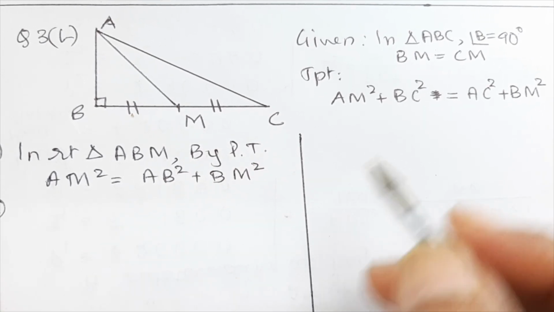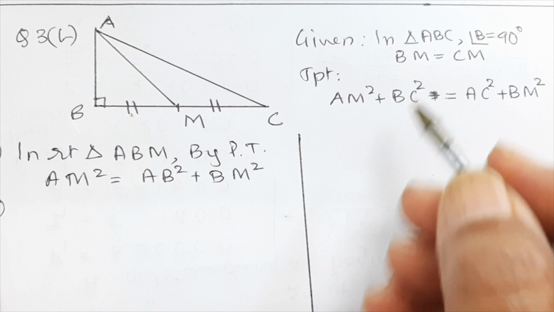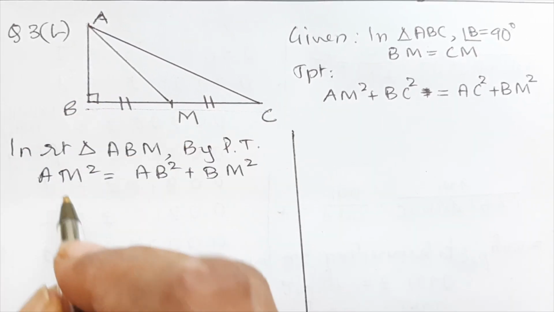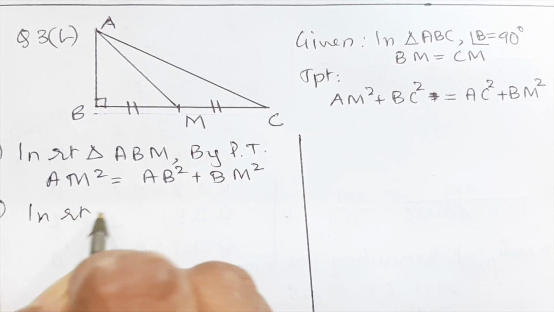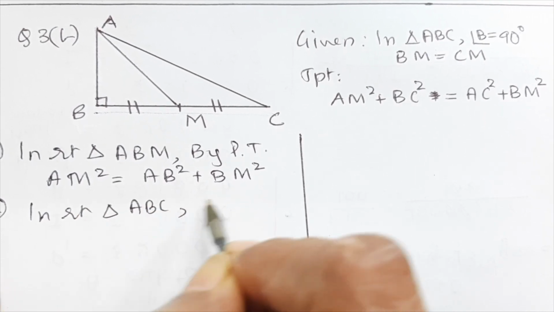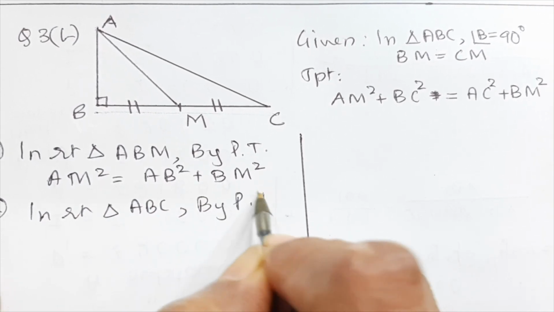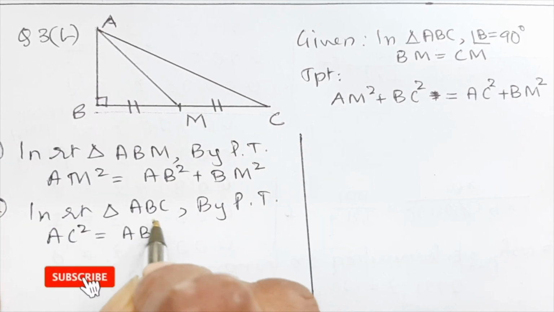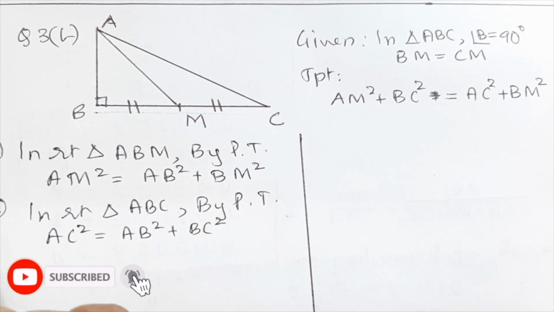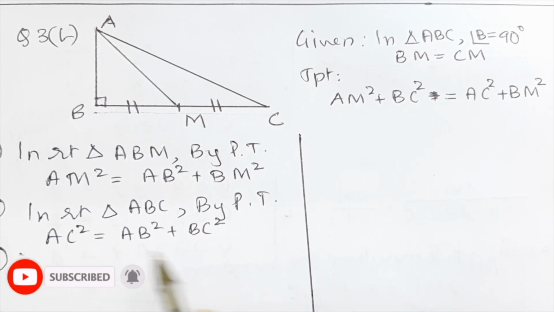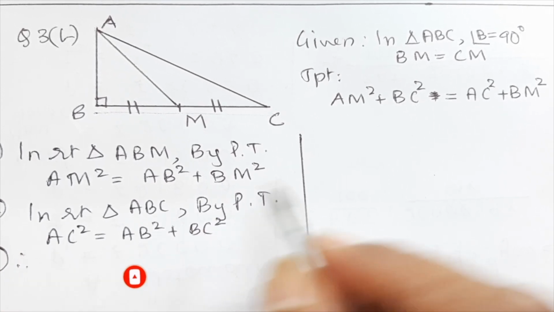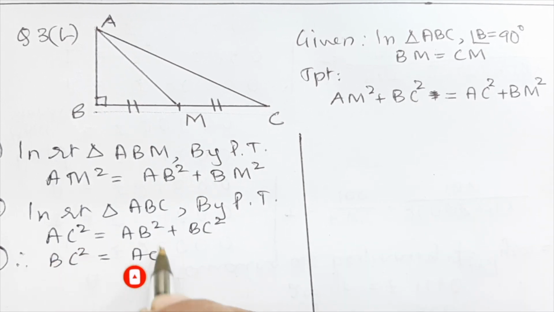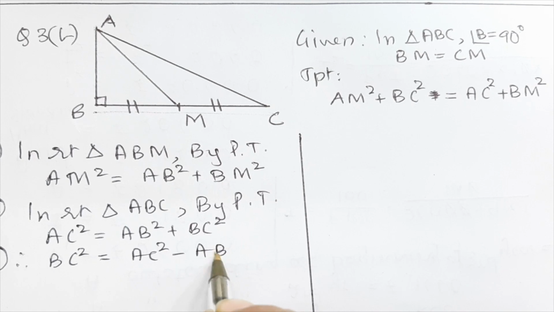Statement number 2. They want BC, the square of it. BC is the part of this big triangle and that's also a right triangle. So in right triangle ABC, by Pythagoras theorem, we will have AC square is equal to AB square plus BC square. And so statement number 3, we are not interested in AC square, we need BC square. So BC square is equal to AC square minus AB square.